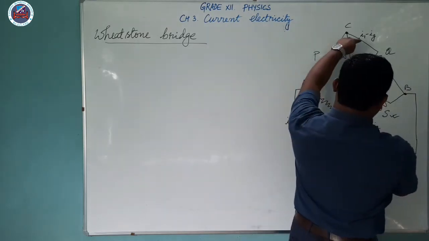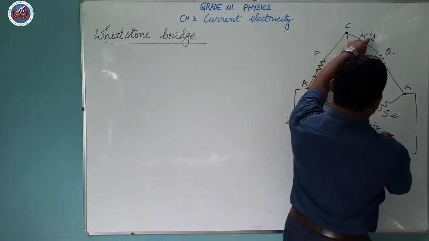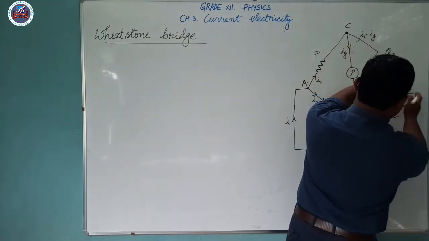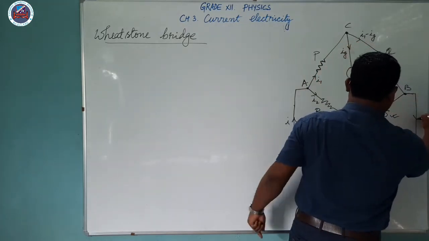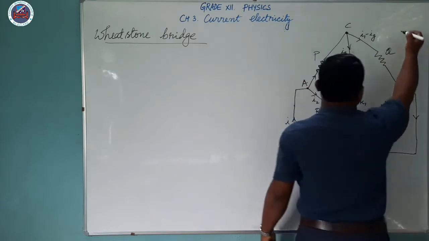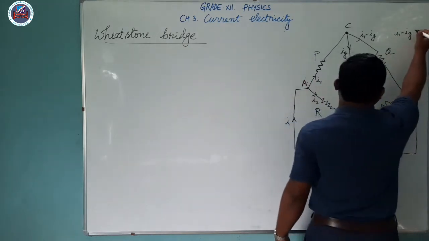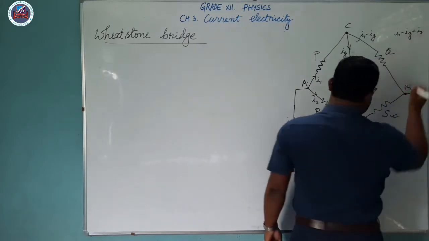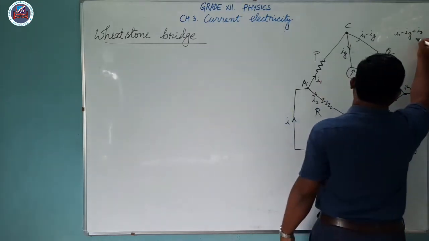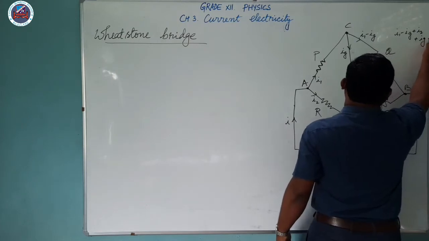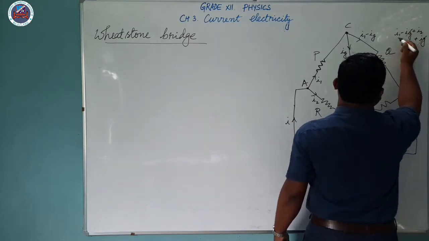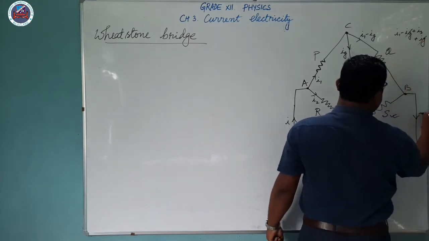These two currents, I2 plus IG and I1 minus IG, when they come and meet here and join together, when you add them up, I1 minus IG plus I2 plus IG, then these two terms get cancelled and I1 plus I2 will flow here.